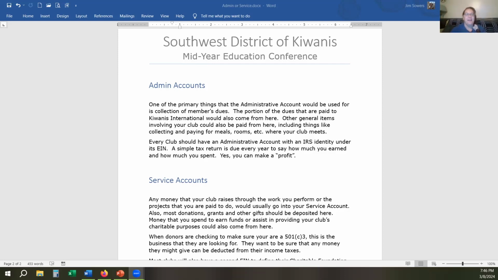But I know that we do have an admin fund and a service fund, and we're going to try to start a fundraising committee to see if we can boost up our admin account, because there's some stuff we want to do, but we can't use it out of the service account. I'm not sure what that is yet, but once I get on the committee, it'll be interesting to see.